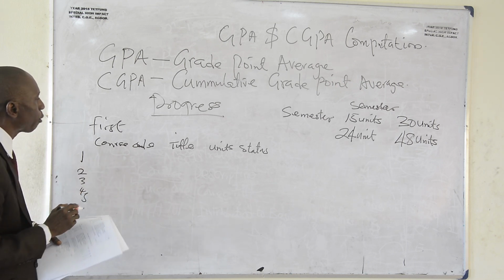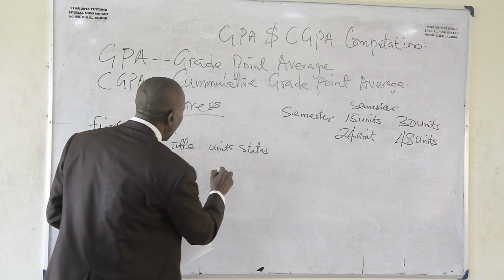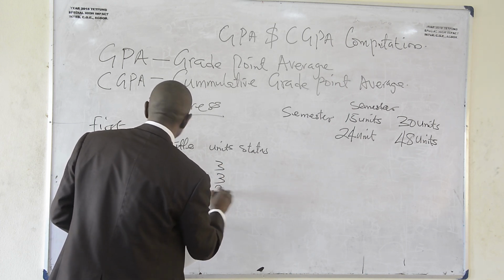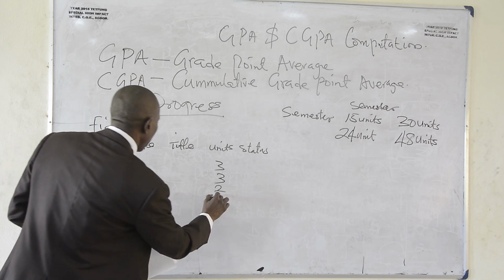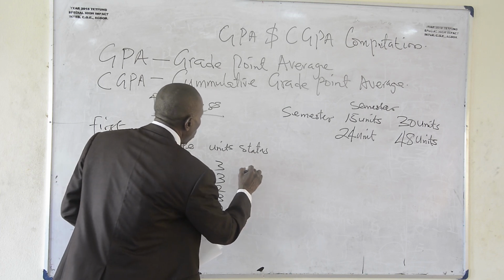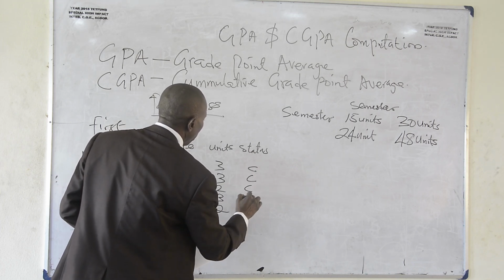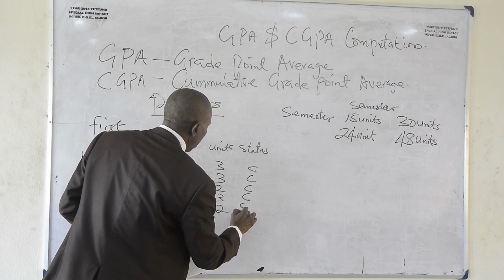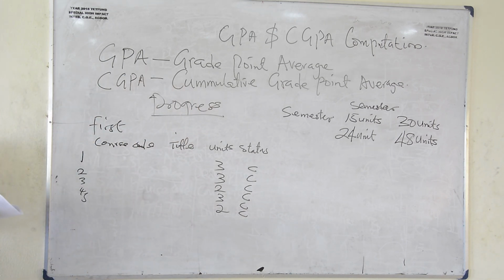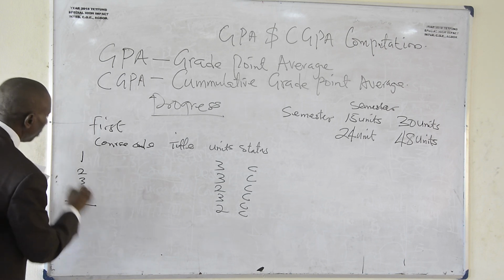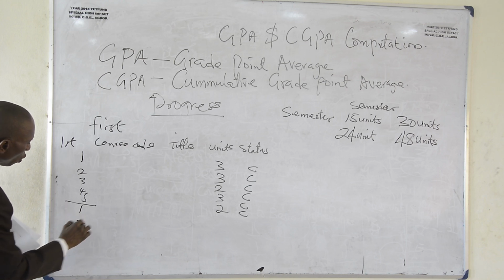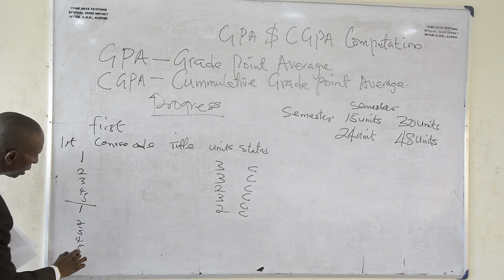A student registers for 5 courses, and each of the courses has 3 units, 3 units, 2 units, 3 units, and then 2 units. And they are all core. In the second semester, we also have 1, 2, 3, 4, 5, 6.